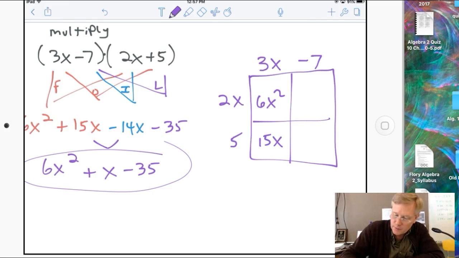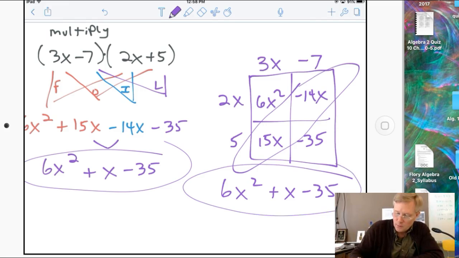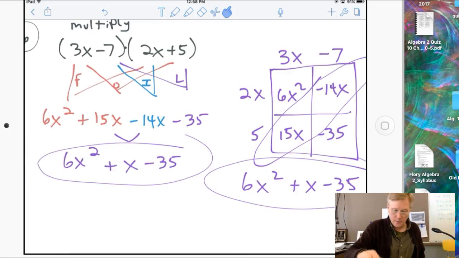Over here is negative 7 times 2x is negative 14x. Negative 7 times 5 is negative 35. And then if you add them up, you can combine those two together. You get 6x squared plus 1x minus 35. Notice you get the same answer either way. Whichever way you're good at, that's the way you should do it. Okay. All right, so that's number 6.